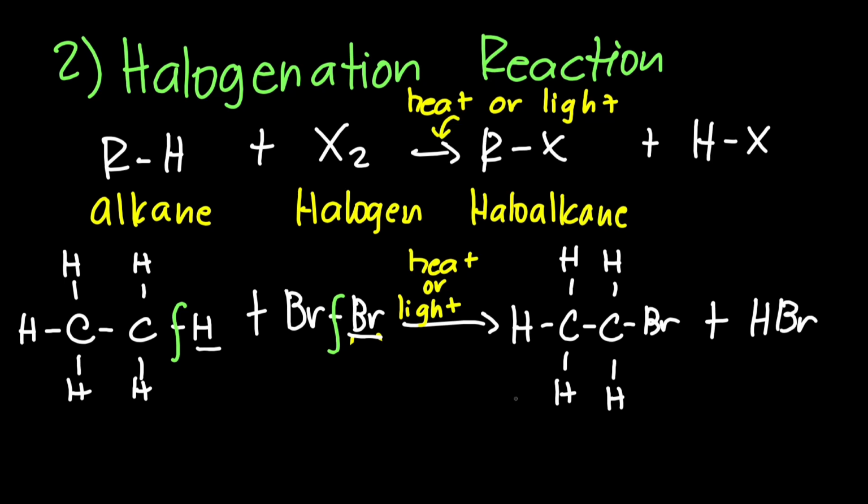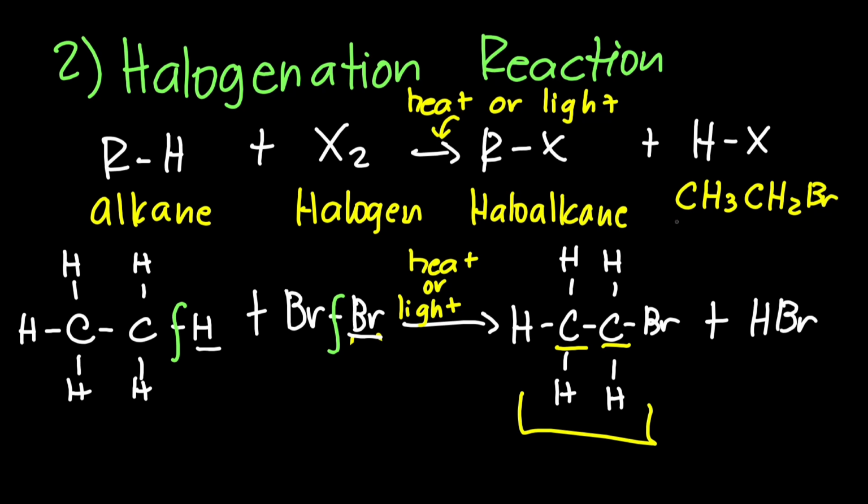Now, if your professor wants you to name the product of this, you would want to put this into its condensed formula, which for this one is CH3, CH2, Br, which is that one.